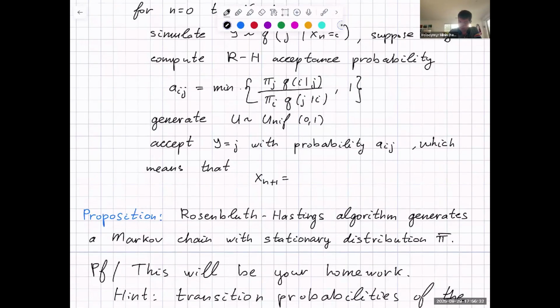Which means that really my next state of my Markov chain will be j, where y is a conceptual random variable and j is the actual value that we produced, if that uniform variable U is less than or equal to A_ij. Otherwise, it's x_n, the state that we had before, if U is above A_ij.